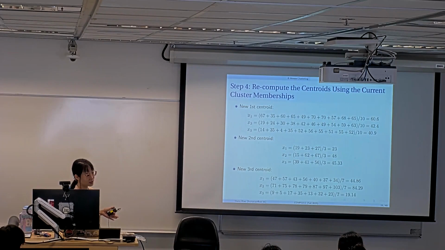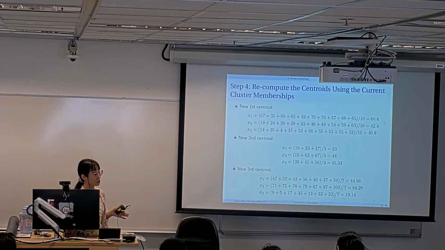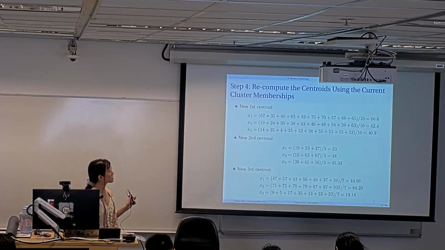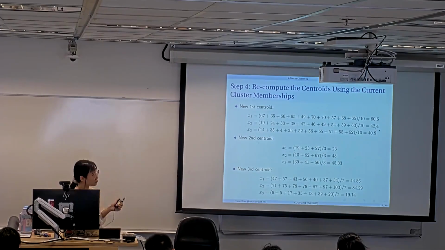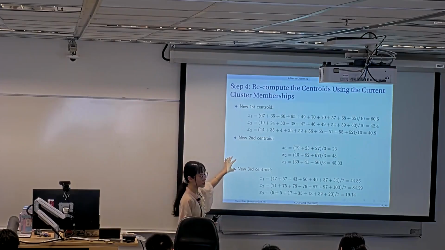So x1, after you take the average, should be 60.6. And x2, the second feature, now the average should be 42.4, so on and so forth. So after updating, now our first centroid is 60.6, 42.4, 40.9.